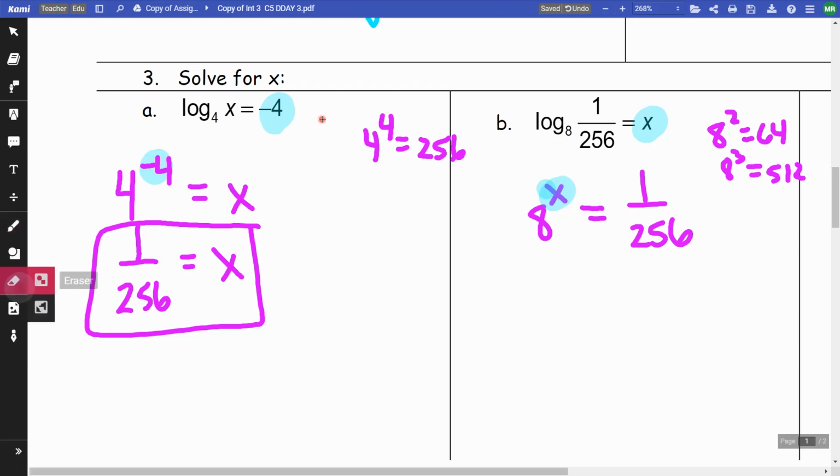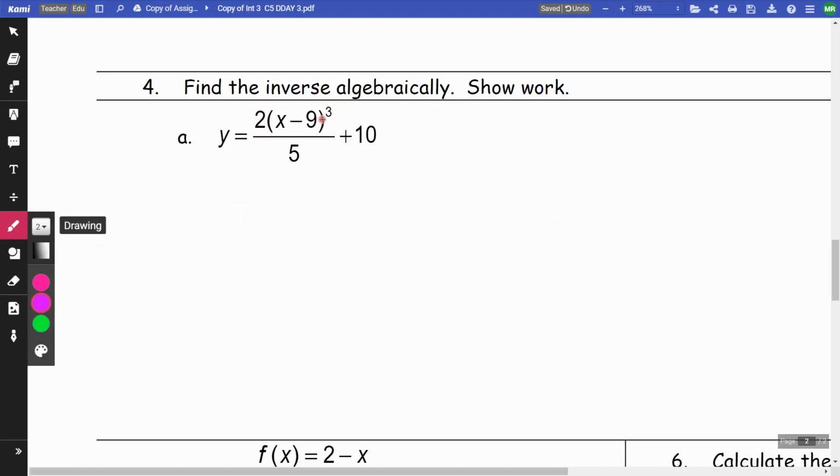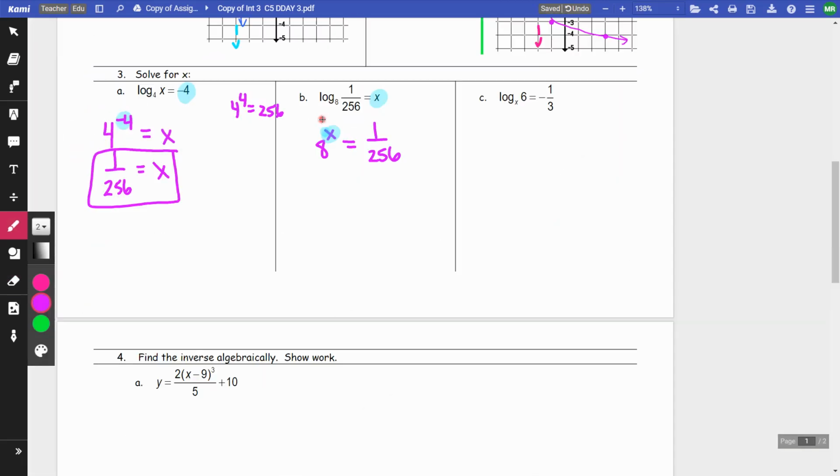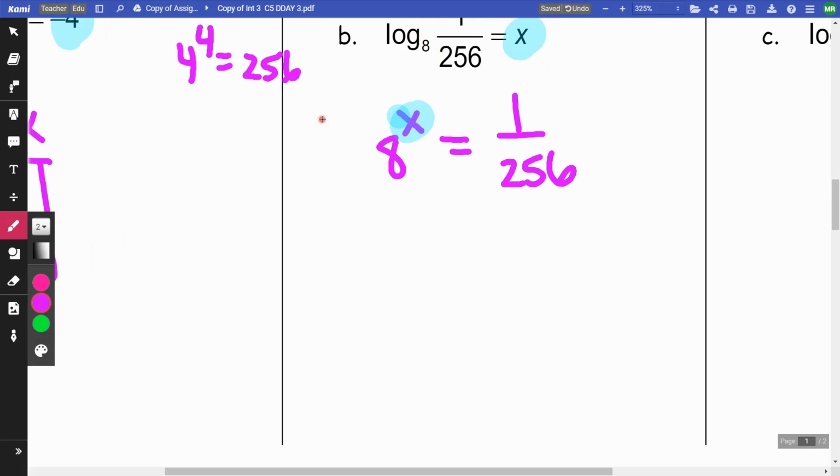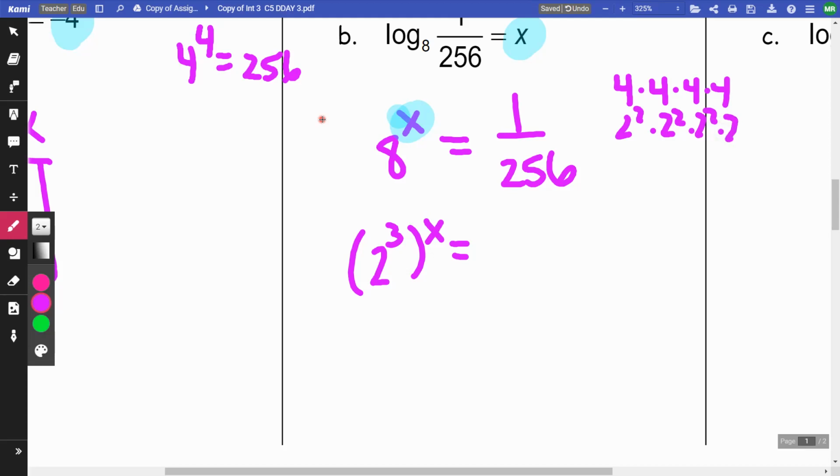So I'm going to have to break both of them down to 2. So this is going to be 2 to the 3rd raised to the power x. And then 256, since this was 1, 2, 3, 4 fours, each of these is going to be a 2 squared, 2 squared, 2 squared, 2 squared.